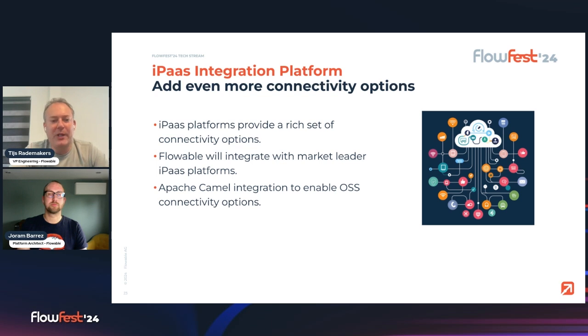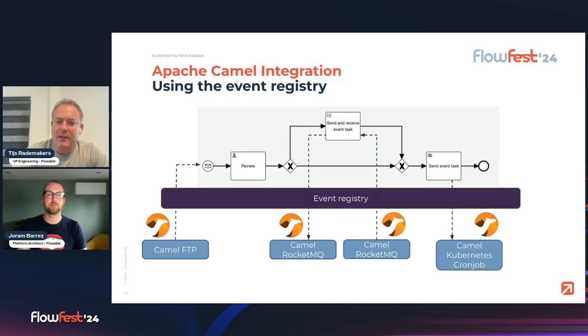And for a long time, we had an Apache Camel integration already, and we are extending on that now to provide more connectivity options. The way we are doing this is that we are using the Camel integration in our event registry, so it's another channel that's available in the event registry.